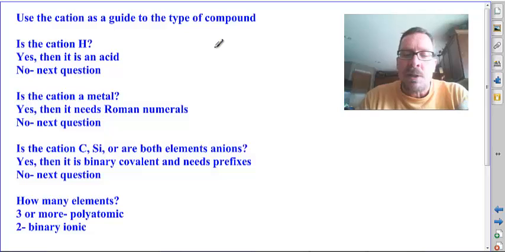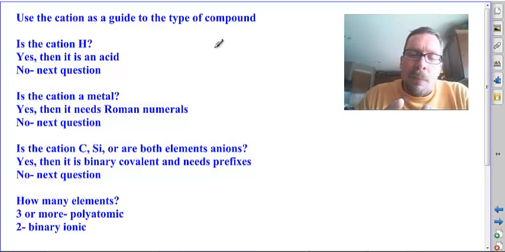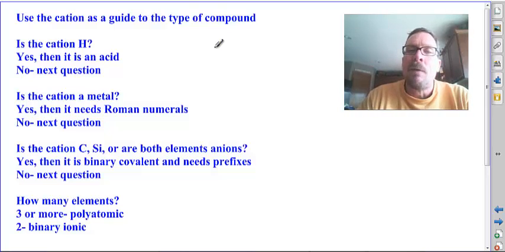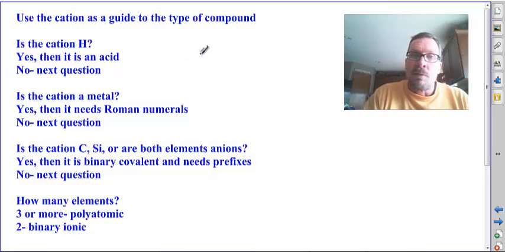So if I had a list of binary ionic, ternary ionic, transition metals, covalent, binary covalent, and acids or bases or anything along that line, could I look at that formula, could I look at that wording and write the proper formula, write the proper words of it if I had the formula, and do it correctly?